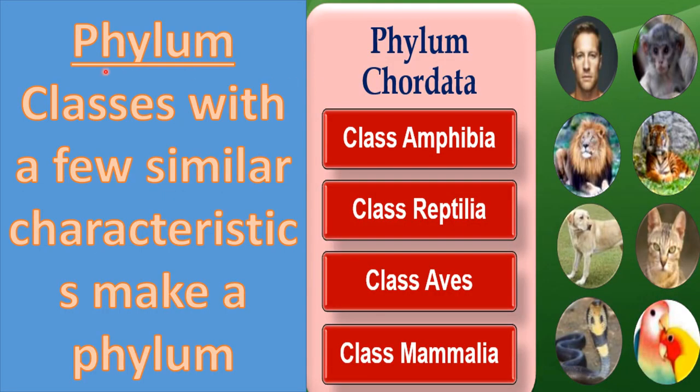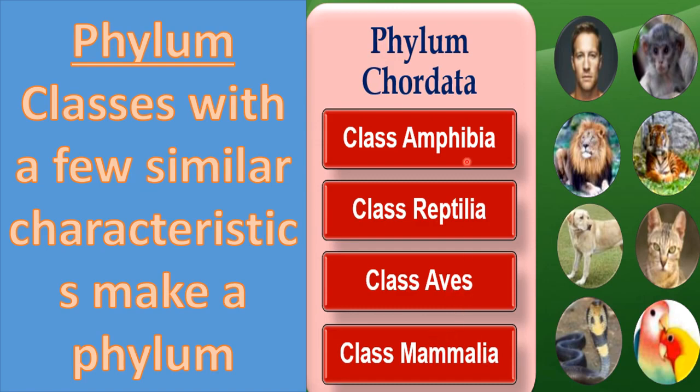Next category is phylum. So classes with a few similar characteristics make a phylum. So you can say a group of classes in which organisms are present with few similarities will make a phylum. So there is Phylum Chordata. In case of animals, this is Phylum Chordata which includes all these classes: Amphibia, Reptilia, Aves and Mammalia.